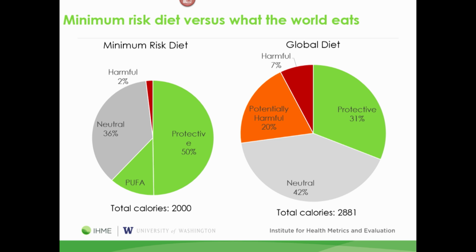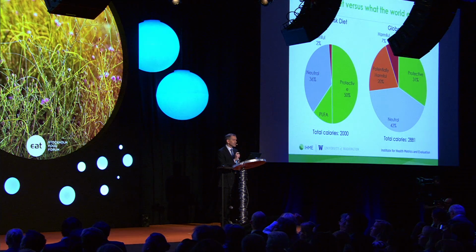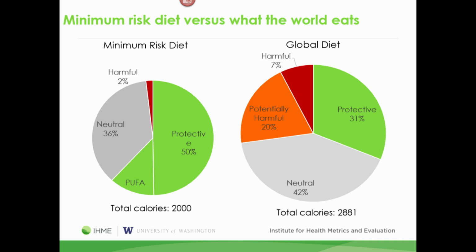There's also waste at home and waste in various steps along the way. But clearly, the harmful component of diet is much bigger than what it should be, and the protective component is much smaller than what it should be in an ideal world. The orange bar there are things that it would be prudent to avoid, but for which the evidence doesn't quite meet our bar for convincing proof for intake.